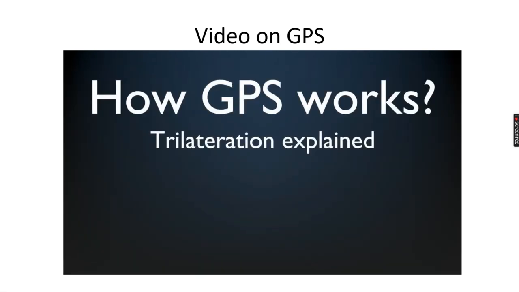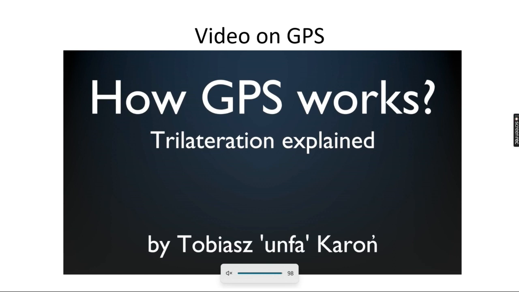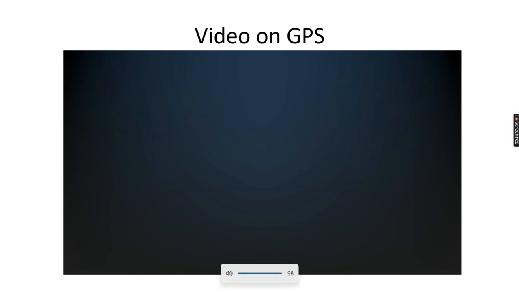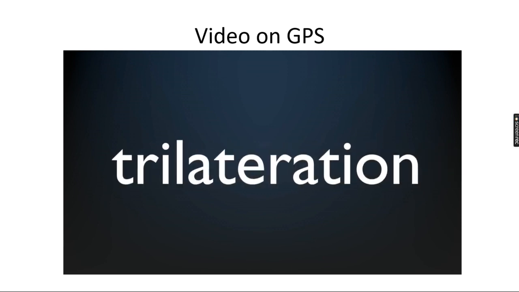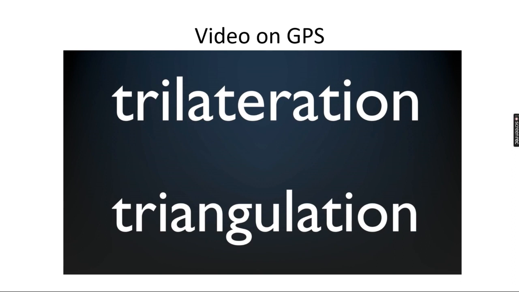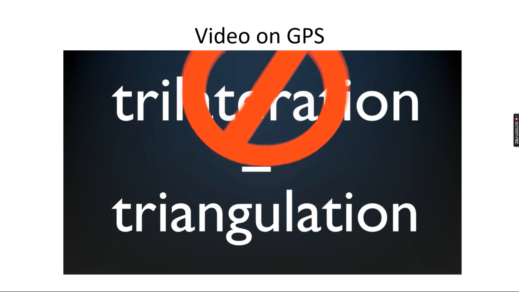Animated one. Trilateration explained. Have you ever wondered how does the global positioning system work? I guess you did if you're watching this video. GPS uses a method called trilateration. It seems to be widely confused with triangulation, but triangulation requires measuring angles, while trilateration is based upon measuring distances.